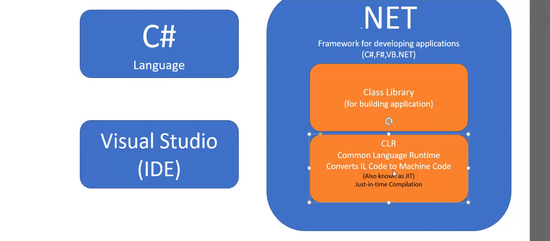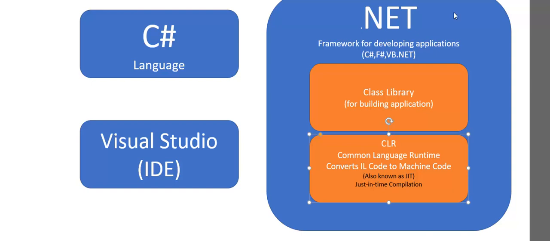That IL code will then take the code that you created and convert that to machine language. This process of converting from C# to IL code to machine language is called just-in-time compilation, or JIT. To put it simply, it's converting the code to native code or machine language.